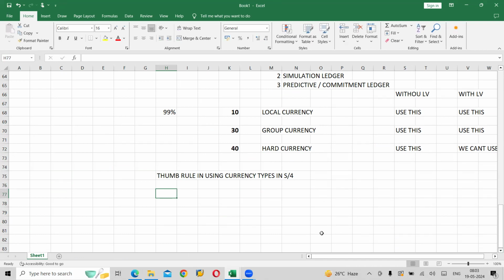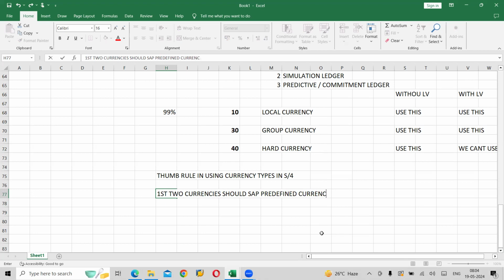So what is the thumb rule in S/4HANA? The first two currencies should be SAP predefined currencies.